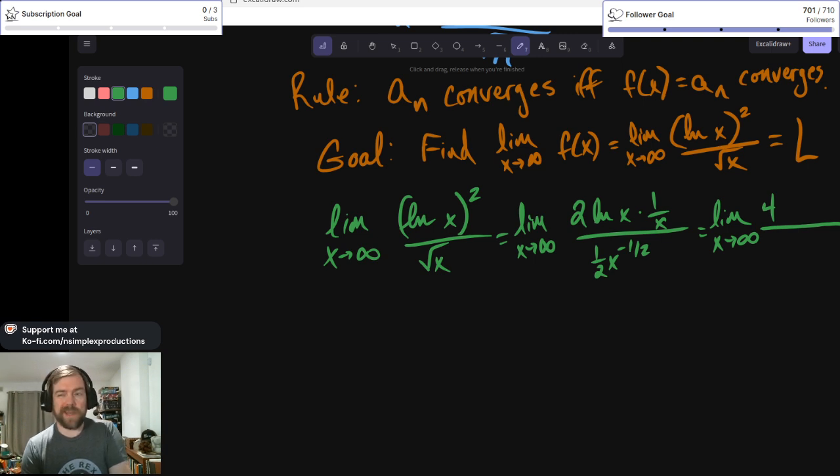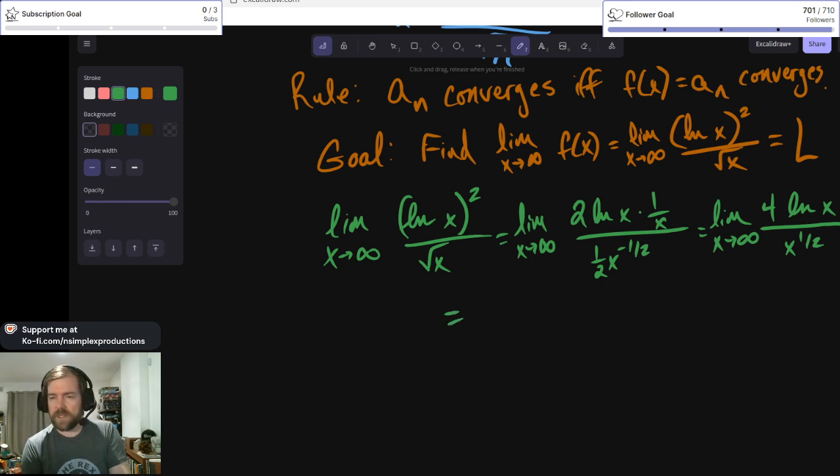Multiply top and bottom by x, and we get natural log x on top and x to the 1/2 on the bottom. So effectively the only thing that changed is the coefficient out front, based on the exponent that used to be on the natural log. Interesting how that one works.